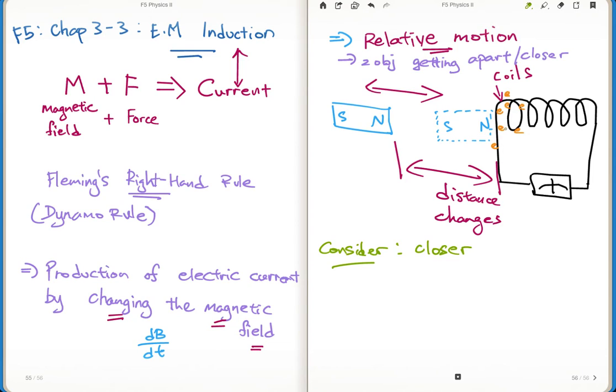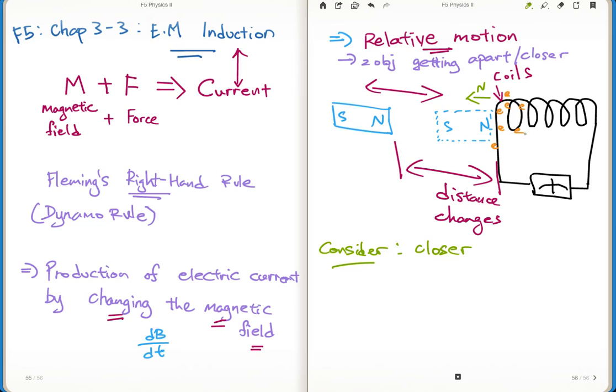the increase of magnetic field. So what happened to it? By using the right-hand grip rule, current will flow in a direction to oppose it. So therefore, the current would flow so that you get a north pole to oppose the change causing it.